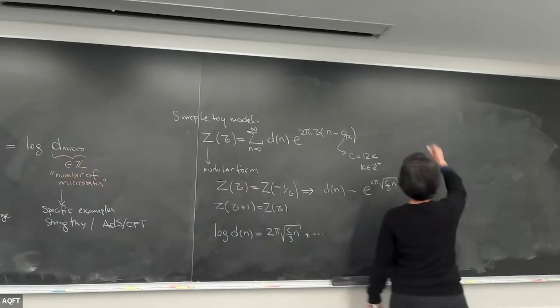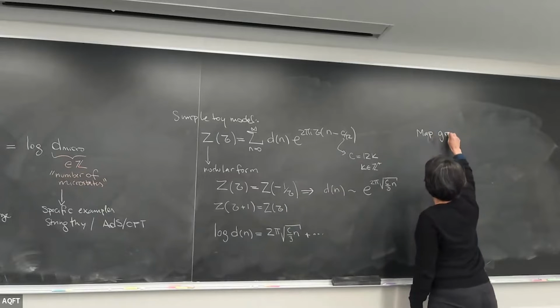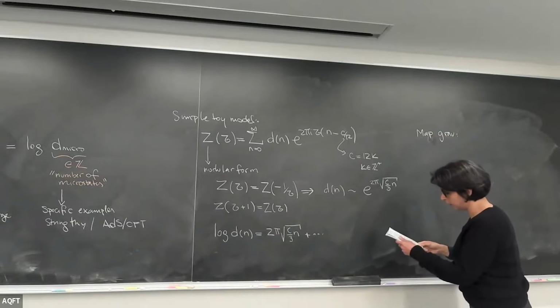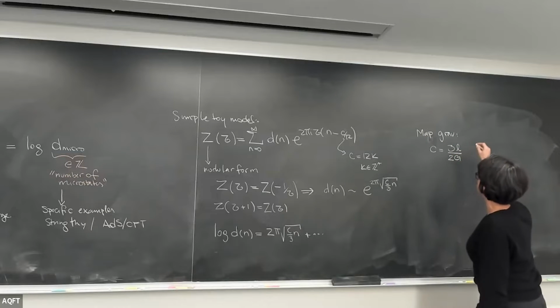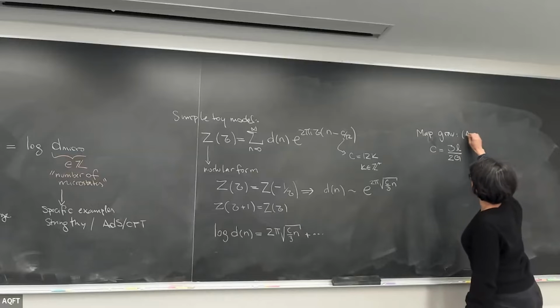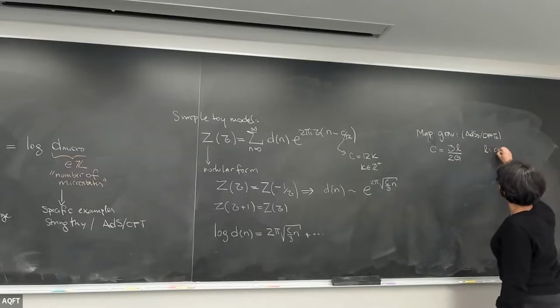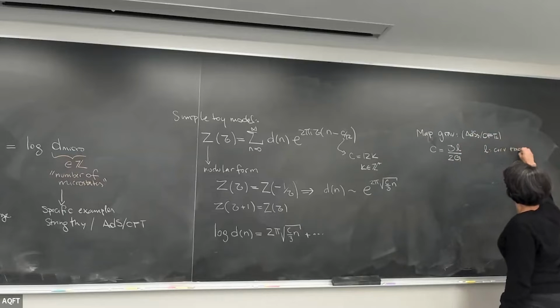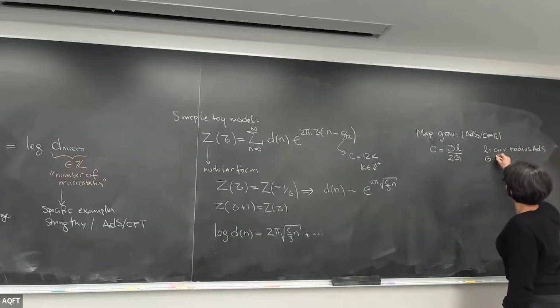And so the map to gravity tells you that the central charge, this number c, is 3L over 2G. In many cases, this is a specific version of the map, a version that we usually use in the context of AdS3. So here L is a curvature radius, and G is, again, Newton's constant.